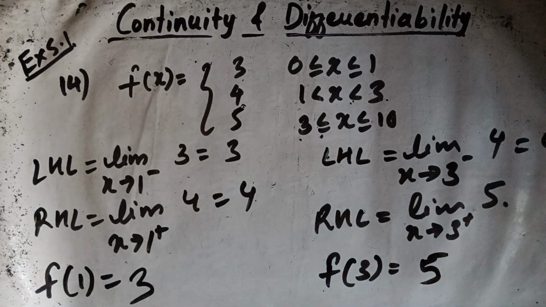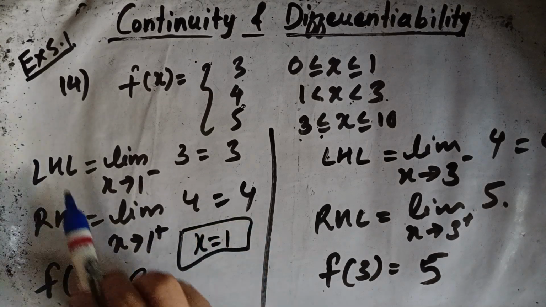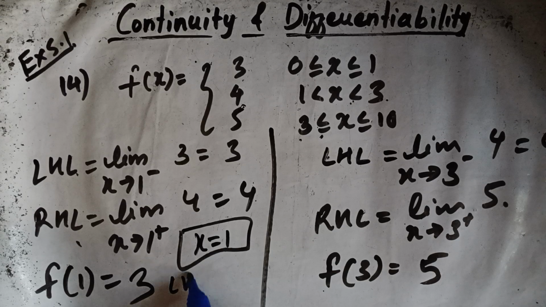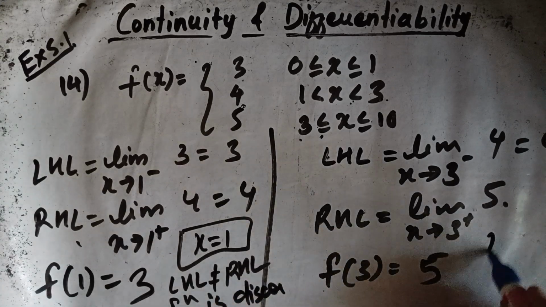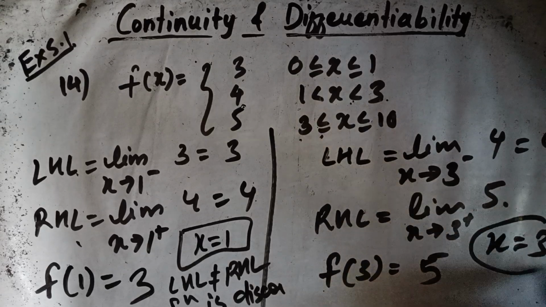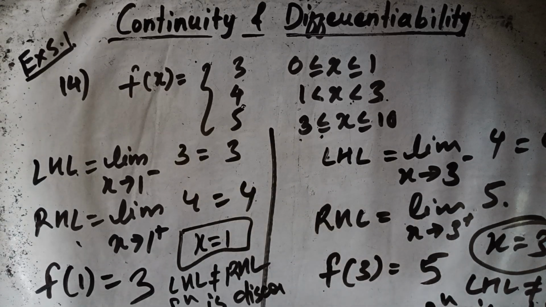So at x equal to 1, LHL is not equal to RHL. So we can say that the function is discontinuous. In the same way, at x equal to 3, LHL is not equal to RHL, so the function is discontinuous.